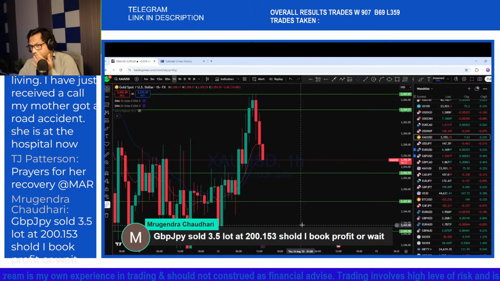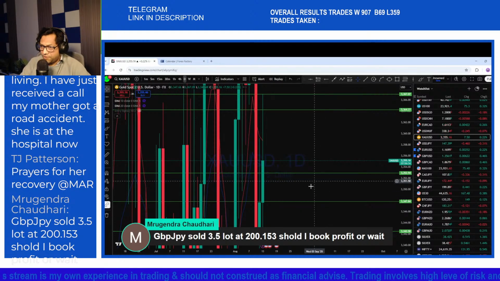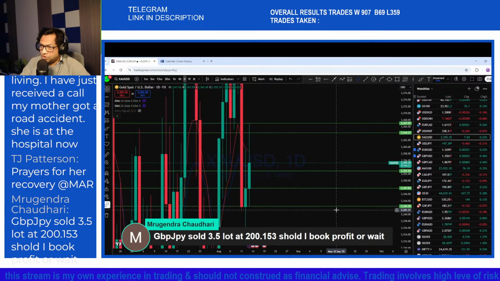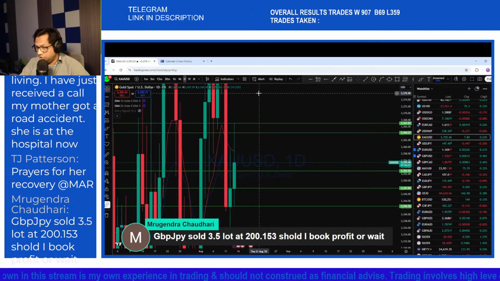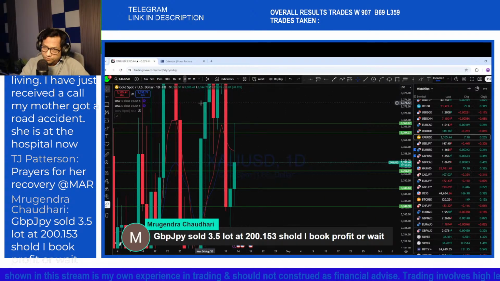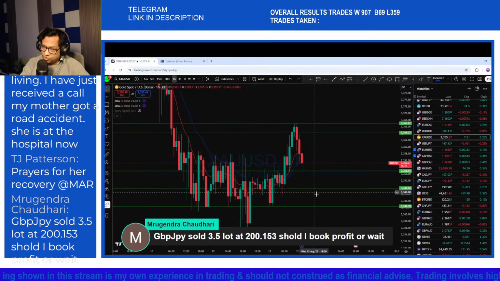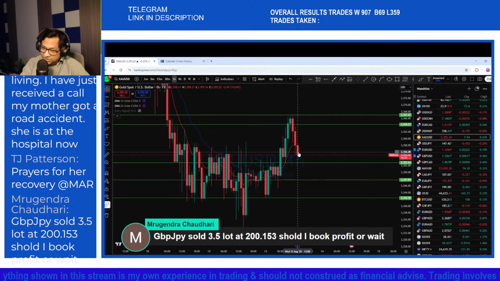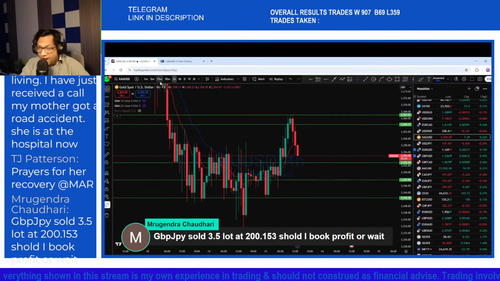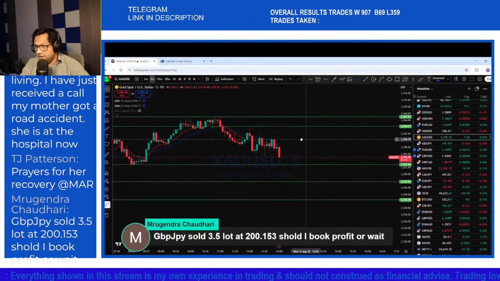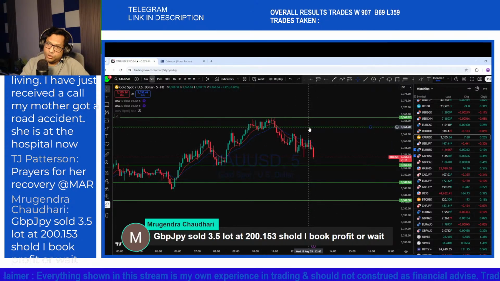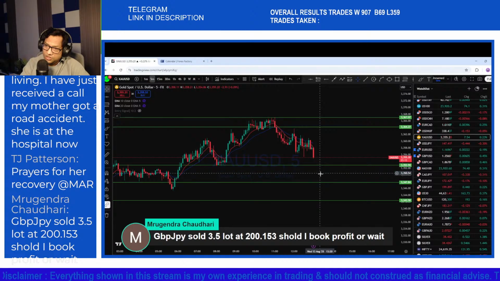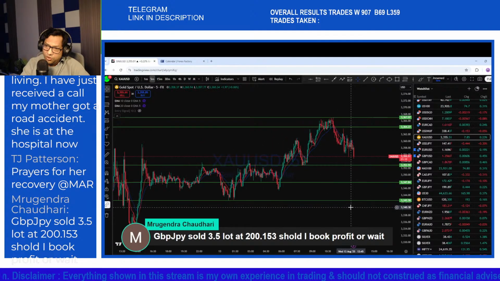Now if the price comes here to this 3347 from the daily point of view, it's a potential buy opportunity for us. So the lower time frame shows the downtrend, but the higher time frame is still in an uptrend. So locally we are looking at a selling opportunity from this level to 3347, which is the daily support.